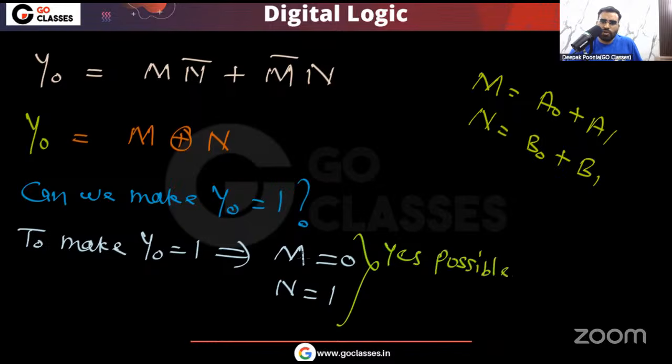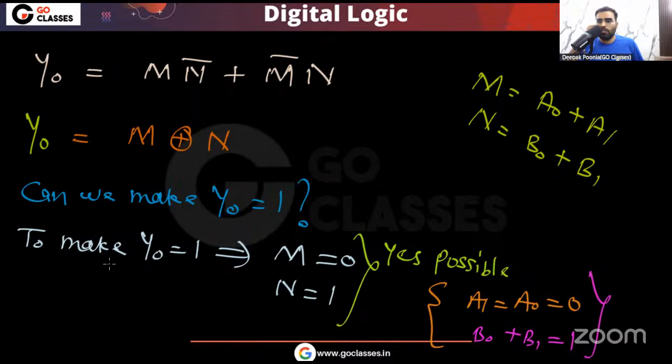You can see, I just want m 0. To make m 0, what can I do? To make m 0, I will just make a0 and a1 both 0. To make n 1, I will just make b0 or b1 equal to 1, means at least one of them 1. Yes or no? So very simple. I hope you understood. Okay, so remember, I can make m 0 and n 1.